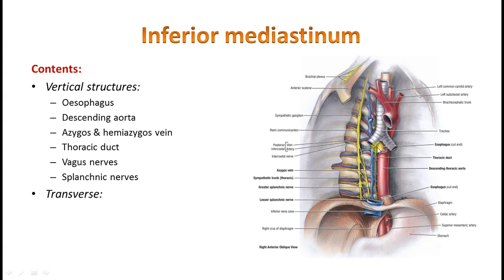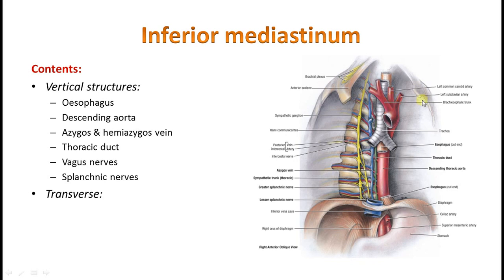Now once the esophagus is removed, you are able to see the thoracic duct. The thoracic duct at the level of the sternal angle will cross from the right side to the left side. That is why in the superior mediastinum you would have seen the thoracic duct on the left side.